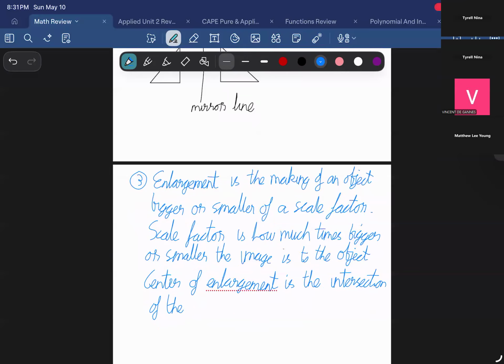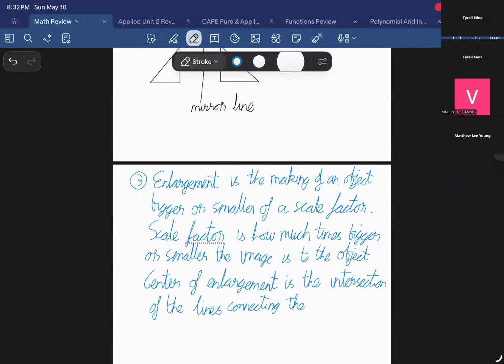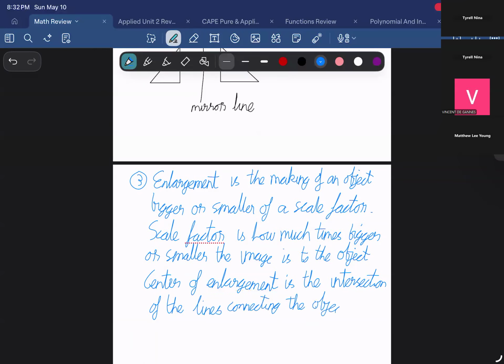So a good point, Neri asking if it is still called an enlargement even though the object is being shrunken? Yes. It's very weird wording, I know, but that's true. Yeah, it's the intersection of the lines connecting the object point and the image point.